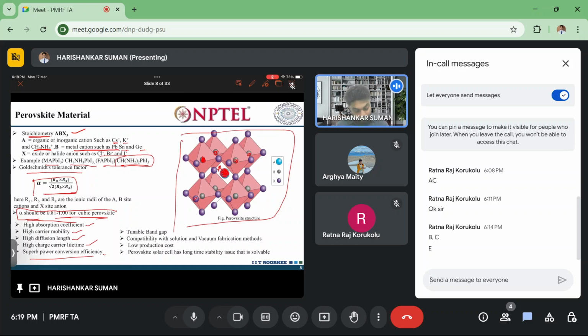And we can also tune the band gap of perovskite by changing the halide part, from chlorine, bromine to iodine. Bromine, let's say if you use Br as the halide part, has a higher band gap.